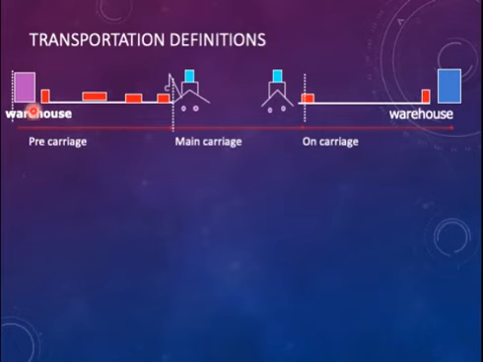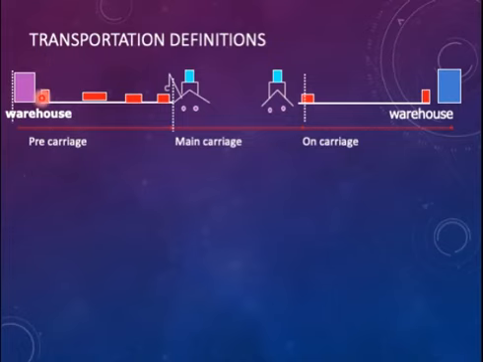So the carriage from the warehouse of the seller to the port, we could call here the loading port. This is the unloading port or the port of destination. And this is the warehouse of the buyer.